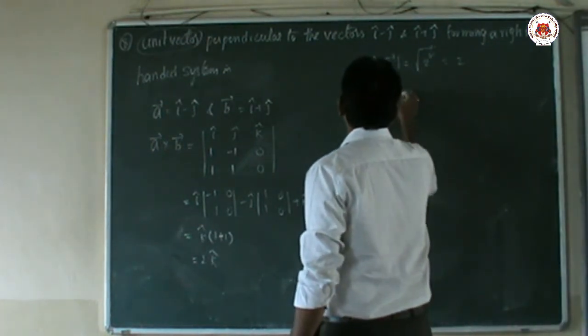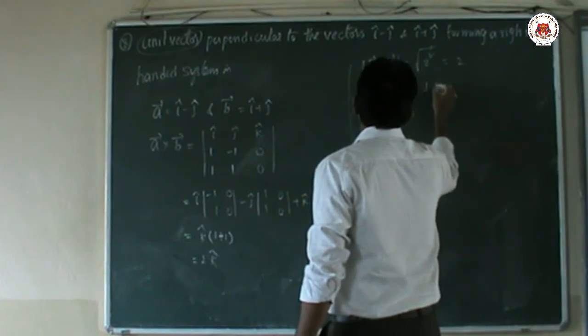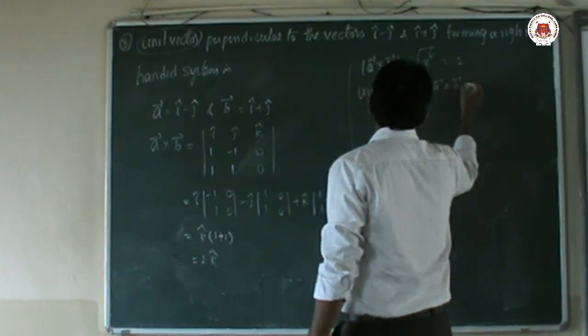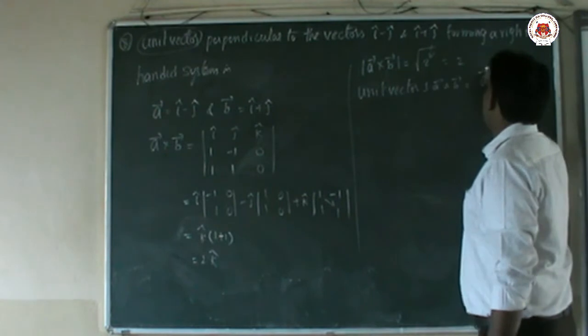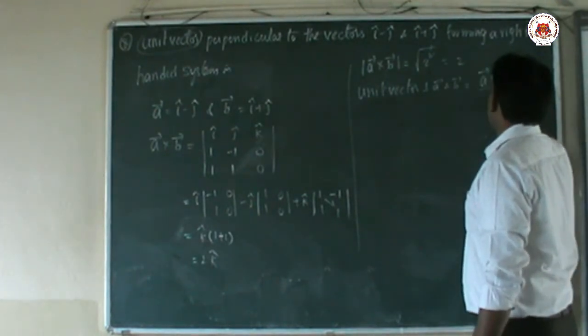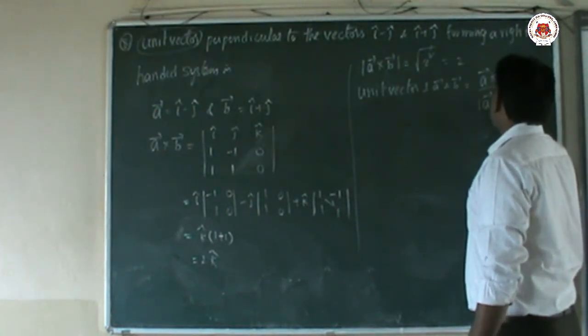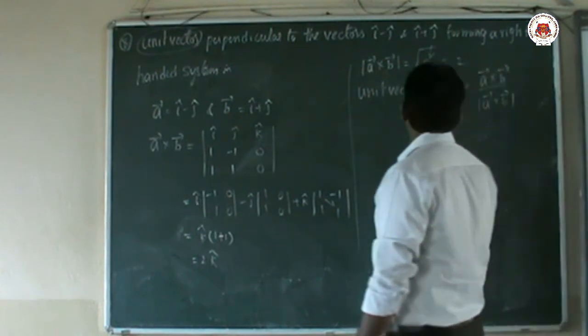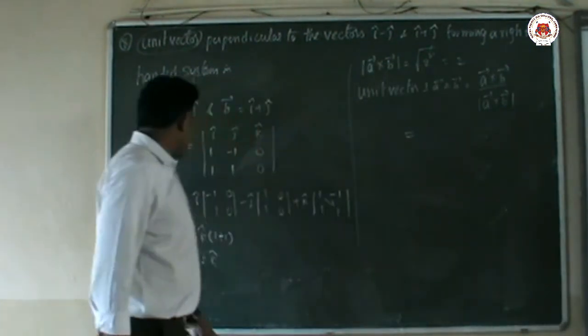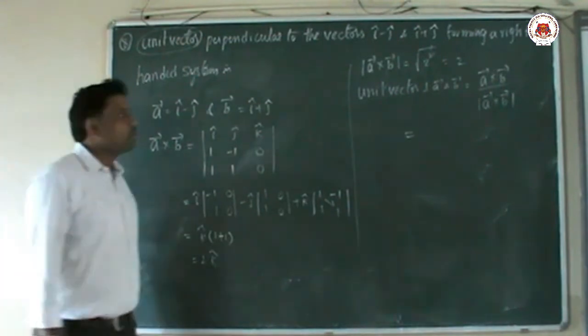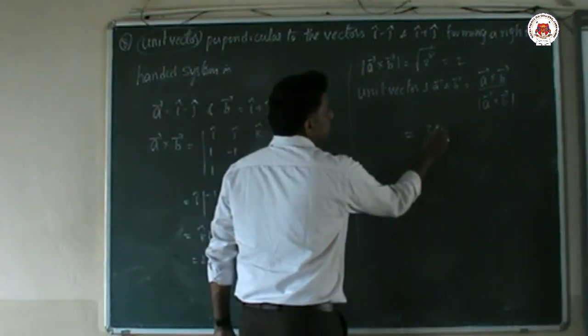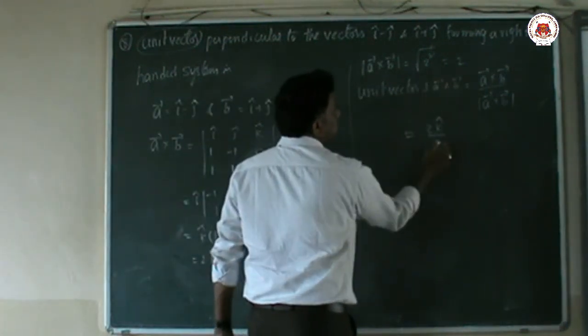So what is the unit vector which is perpendicular to A vector and B vector? The formula is vector A cross vector B by mod of vector A cross vector B, here this is the 2.